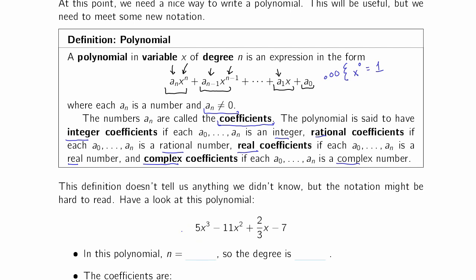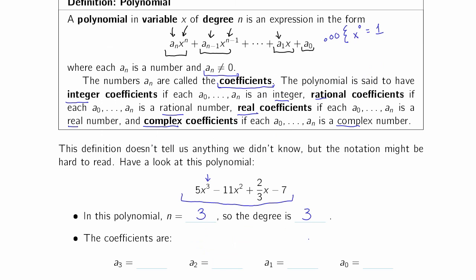In this polynomial, the highest power of x is 3. Our n equals 3. So the degree is 3. We already knew that. The highest power of the variable gives us the degree. In the notation of our definition, we have n equals 3.